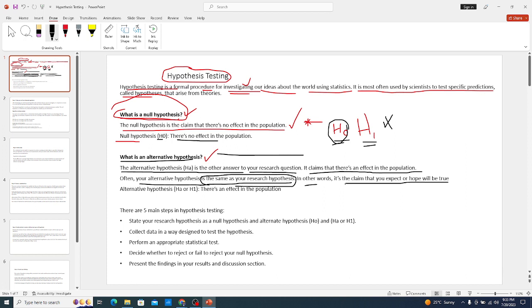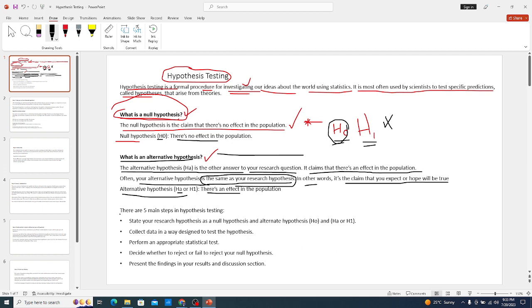For the null hypothesis, you can see it is trying to reject and saying that there is no significant difference or there is no effect in your research. The alternative hypothesis is always denoted by HA or H1, and shows that there is an effect in what you are trying to study.